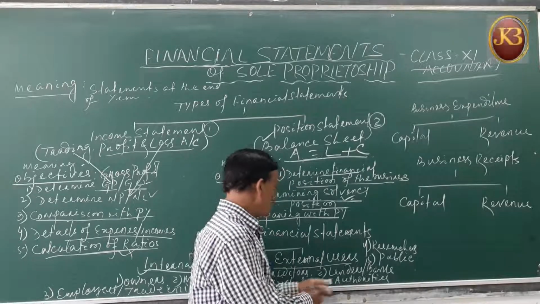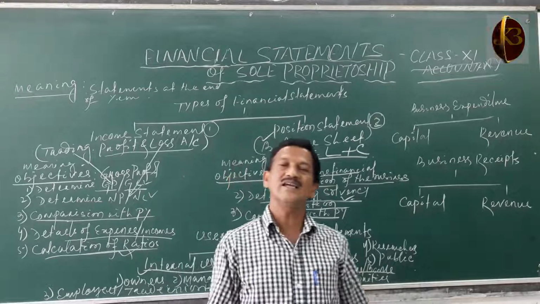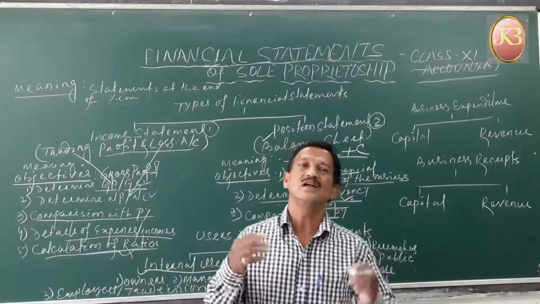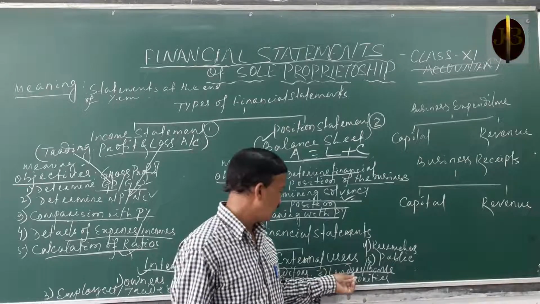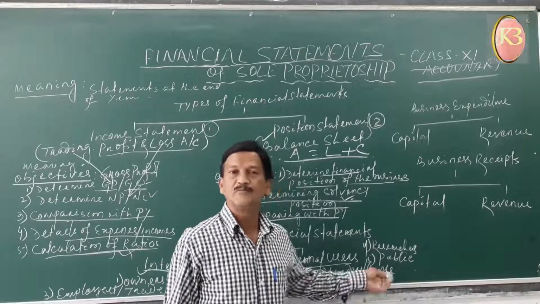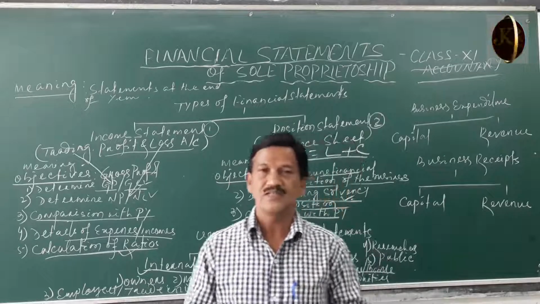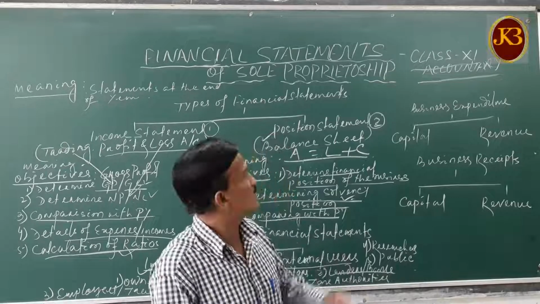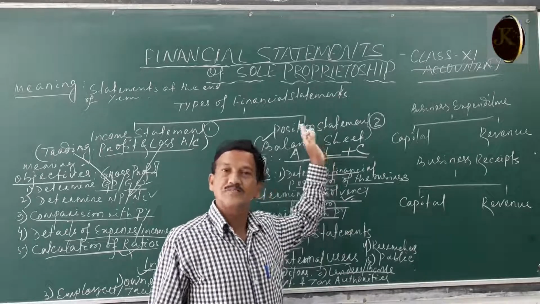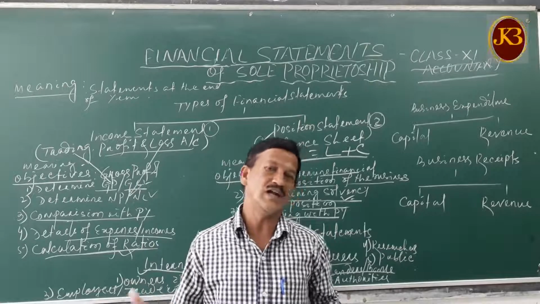Then the second one is your lenders or the bank. They give credit for long-term purposes. Long-term solvency will be judged by the lenders or the bank before they grant a loan to your business. A business cannot run with its own money only, so certainly the sole proprietorship will depend upon external funds, liabilities, loans and debt.